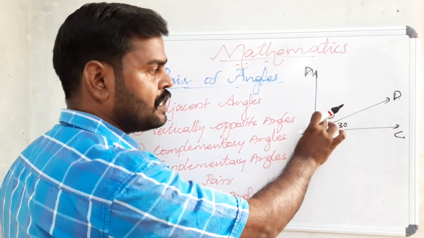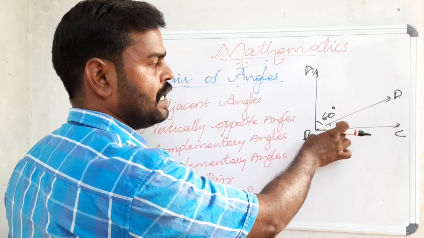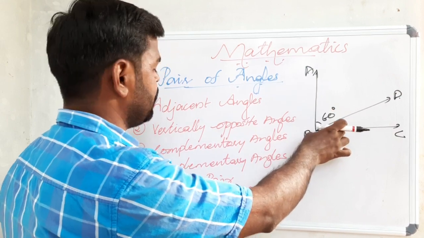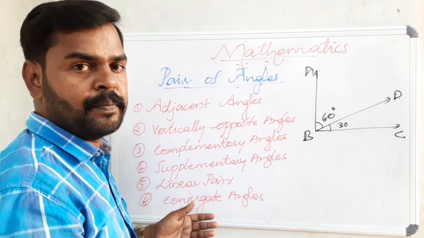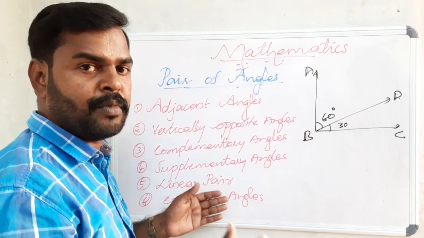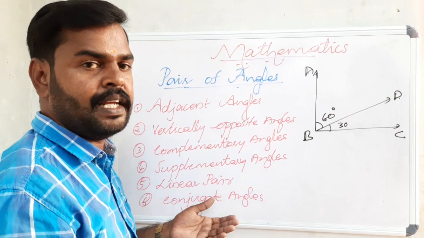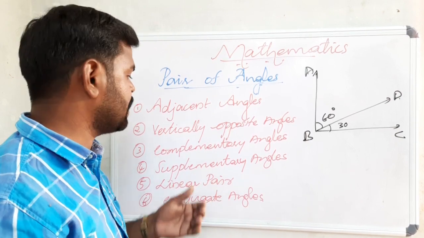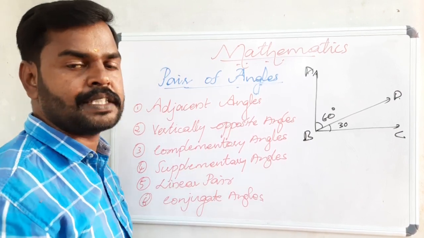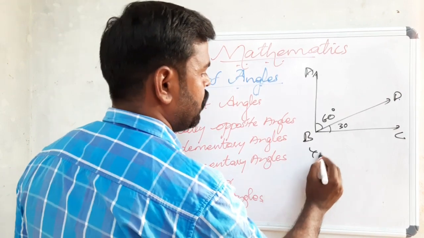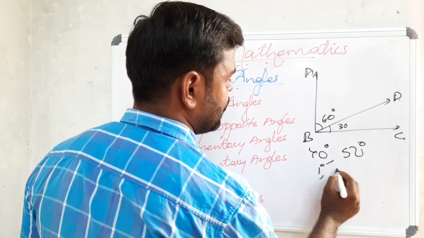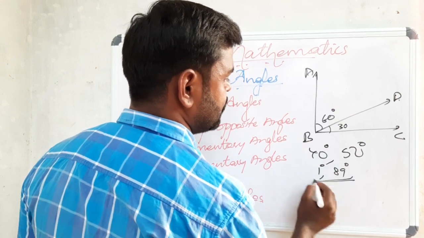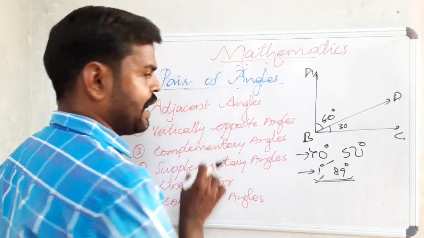And what about the sum? 60 plus 30, the sum of the angles is how many degrees? 90 degrees. So in this pair, the sum of the two angles is 90 degrees. That type of angles are called complementary angles. Examples of complementary angles are 40 degrees and 50 degrees, 1 degree and 89 degrees.